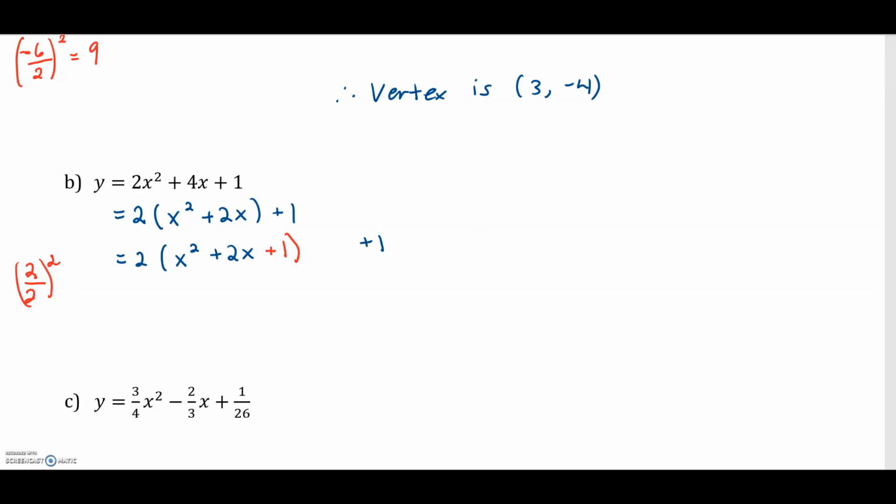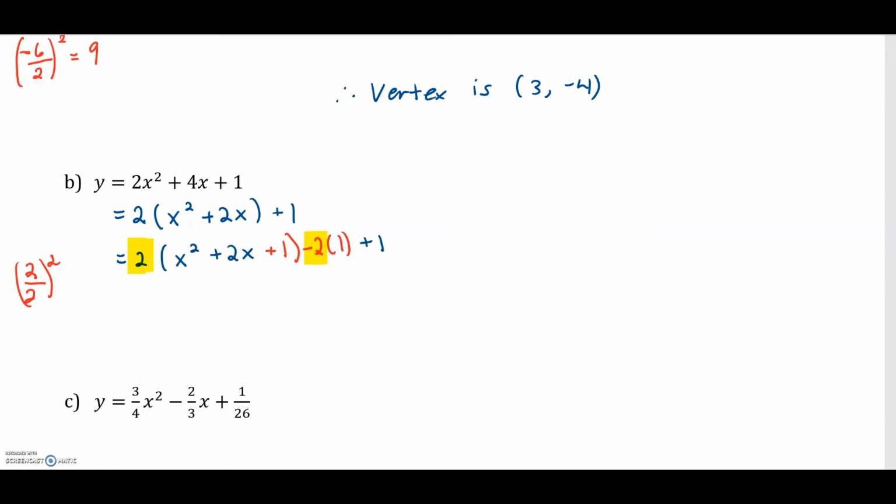And in order to balance this, we've added in 1, but it also has a coefficient of positive 2. Therefore, to balance this equation, we must subtract 2 times 1. And remember that 2 comes from the fact that our coefficient is 2, and then we have the 1 that we've added in.